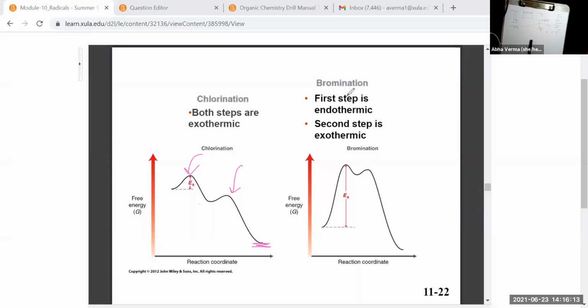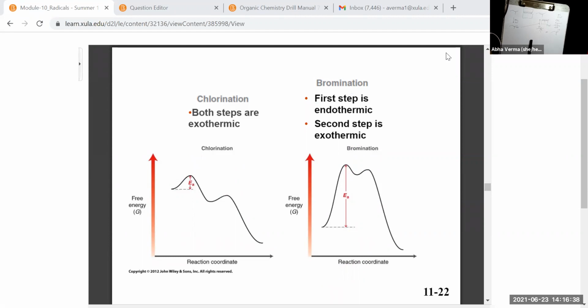That is what your rate is dependent upon. So you can see the energy differences here. The first step, which is rate determining, has very nearly the same energy as the second one, but that energy is different in chlorine.